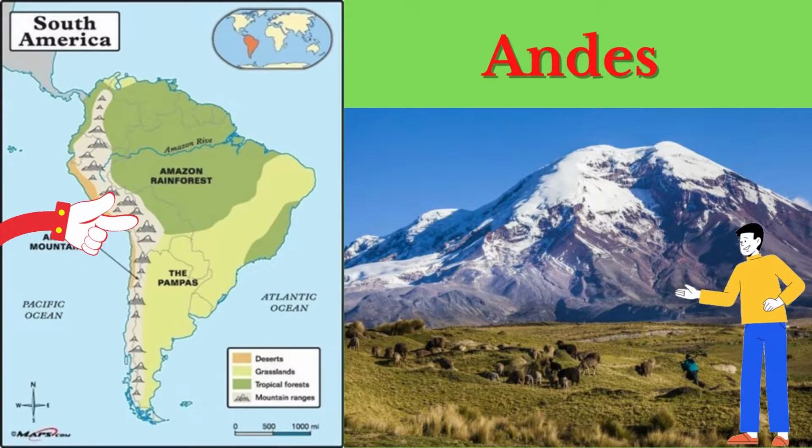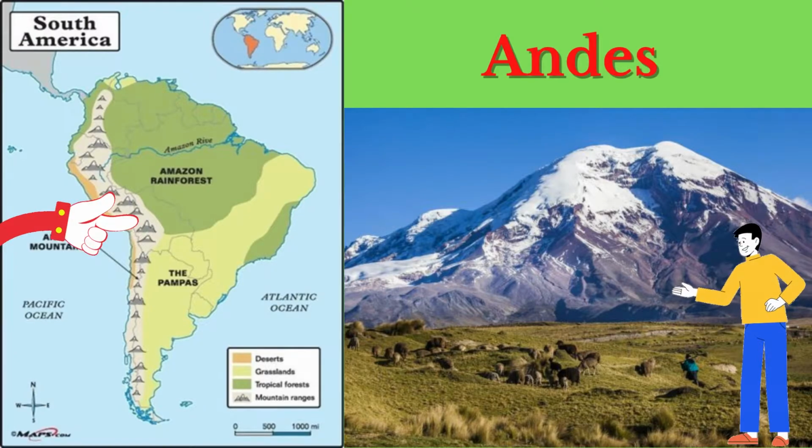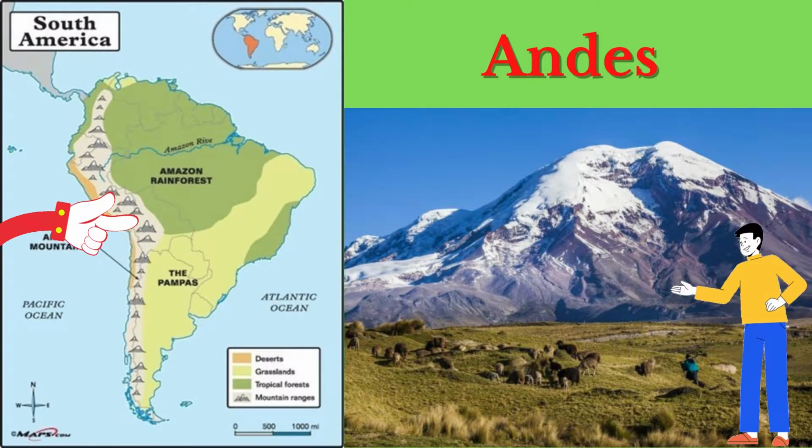The Andes are the world's longest mountain range. They stretch along the entire west coast of South America, from Colombia in the north through Ecuador, Peru, Bolivia, Chile, and Argentina to the south.